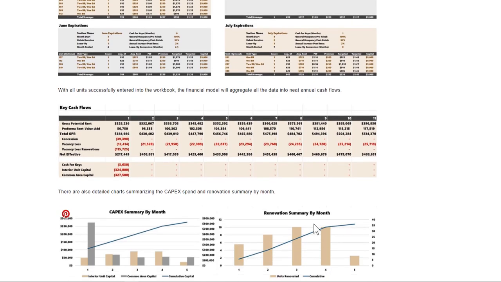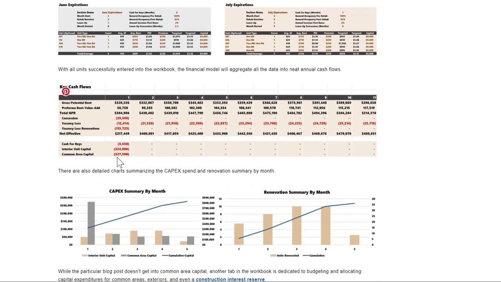Once you have all that plugged in, the cash flows again will be summarized nicely. The Capex plan will be summarized for you with some nice charts that I'll touch on a little more in depth shortly. You can see that the property's totally stabilized by year 2.